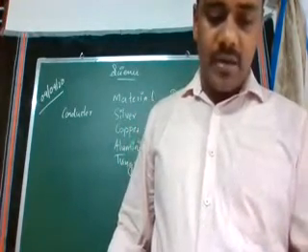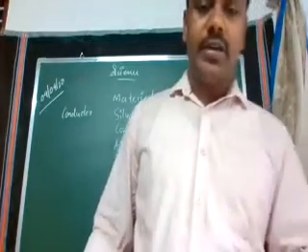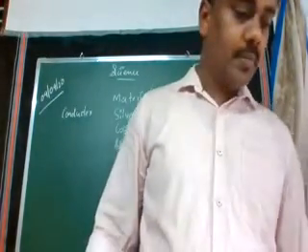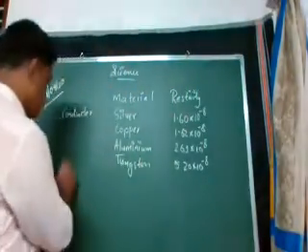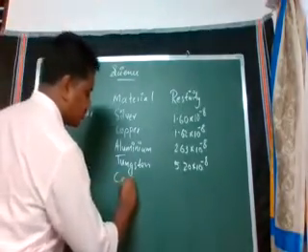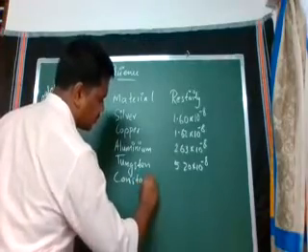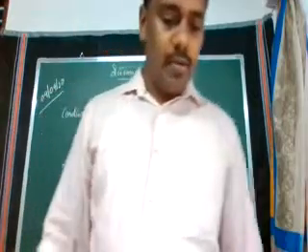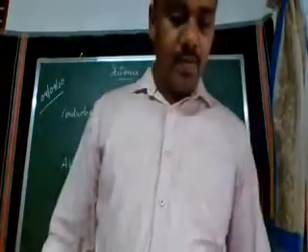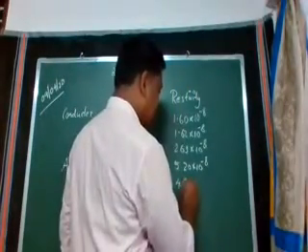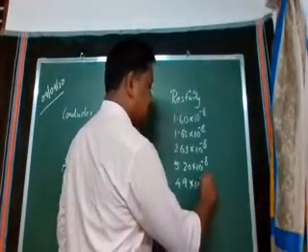Some alloys, the others you can check in your textbook. Those that start with constantan, I will write one or two. Now it comes to alloys. What is the resistivity of that alloy? 49 into 10 raised to minus 4.